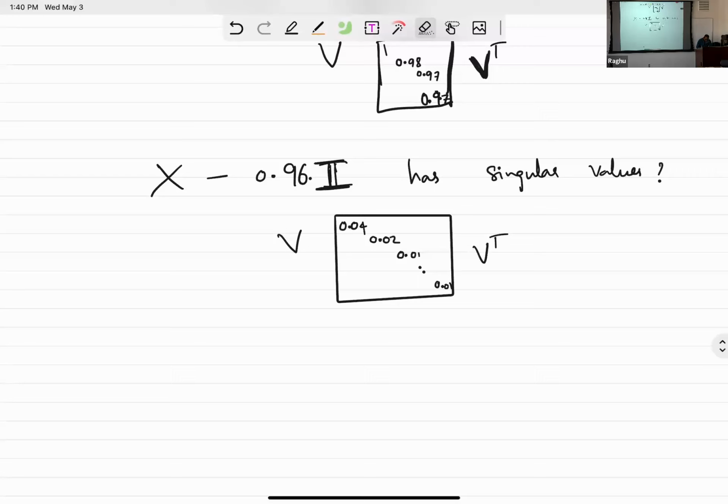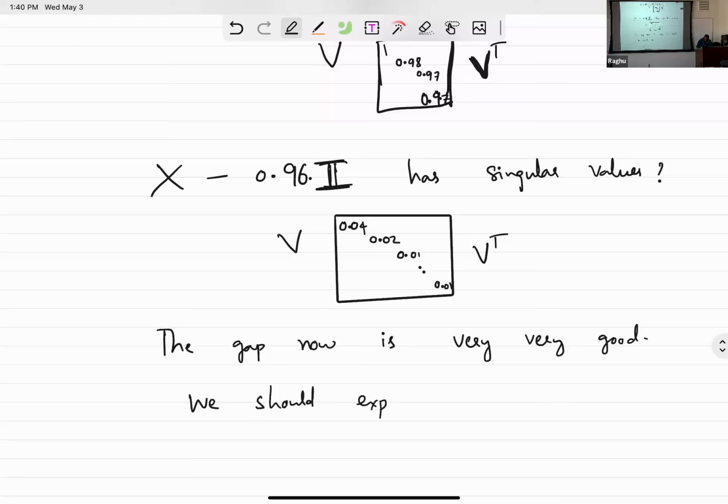So the gap now is very, very good, right? So we should expect the power iteration on X minus 0.96 identity, which will converge to the same first singular vector, to run about 25 times faster.